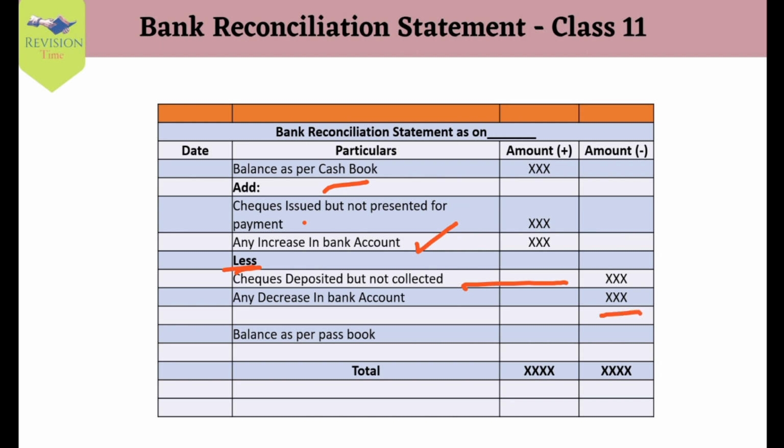Only two important things to remember here: to add issued but not presented and increase in bank account, to deduct whatever checks you have deposited but not collected and any decrease in bank account, and then we arrive at the balance as per passbook and find out the total gets tallied here. This is the format. Why we have to add this particular thing and why we have to deduct this particular transaction, I will explain you with the help of an example.